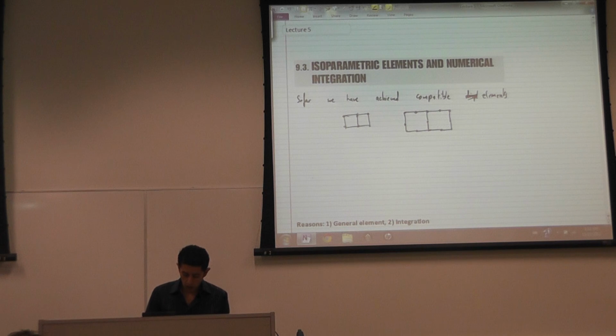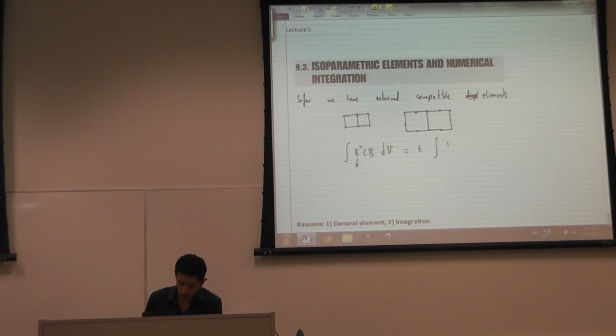And the integration, because remember, we are doing an integration of B transpose CB over the volume. You perform B transpose CB. We're trying to model a two-dimensional domain.